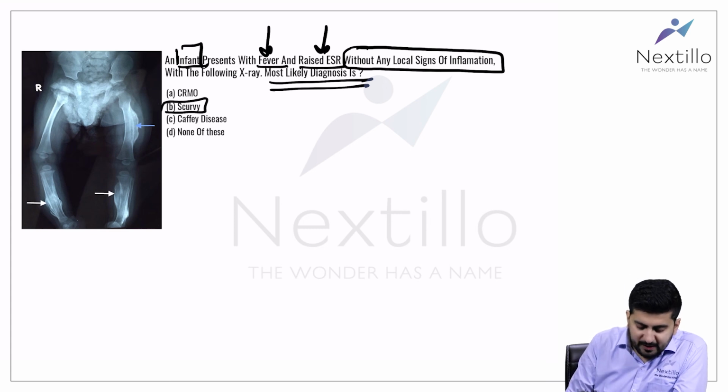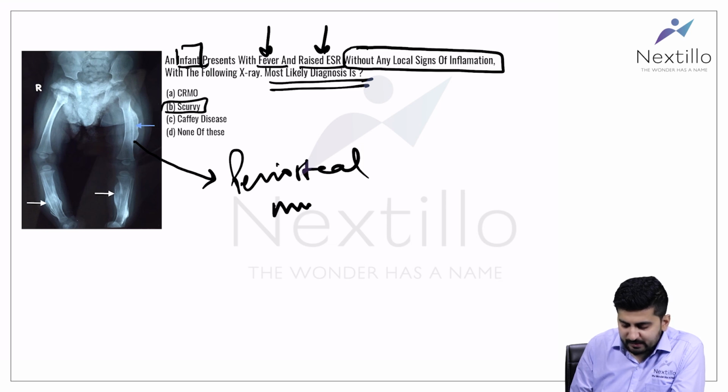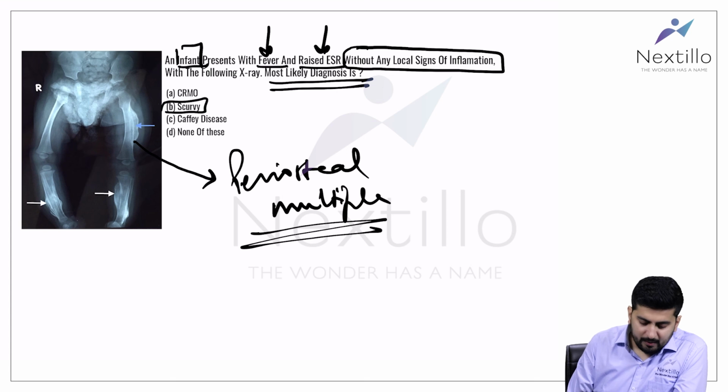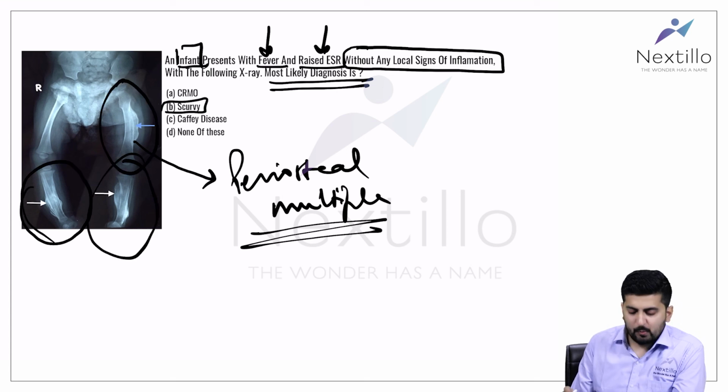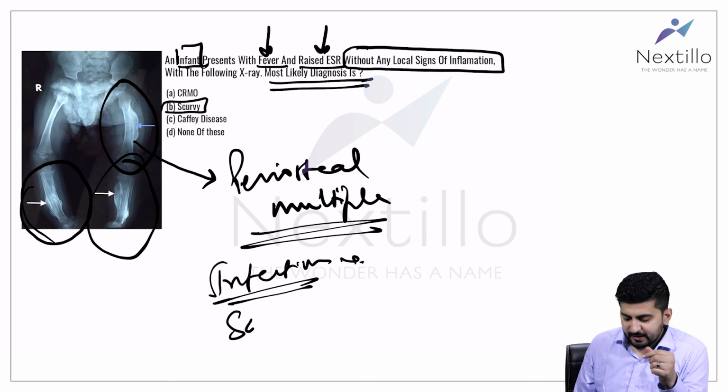Now if you can see in this X-ray, what you see is periosteal reaction at multiple places. Now periosteal reactions which involve multiple bones can be seen in cases of infections and can be seen in cases of scurvy also in children.